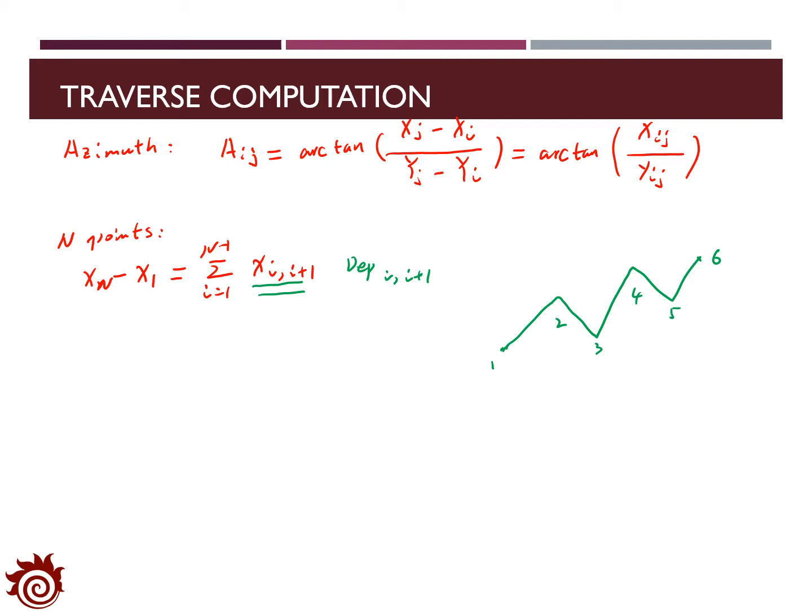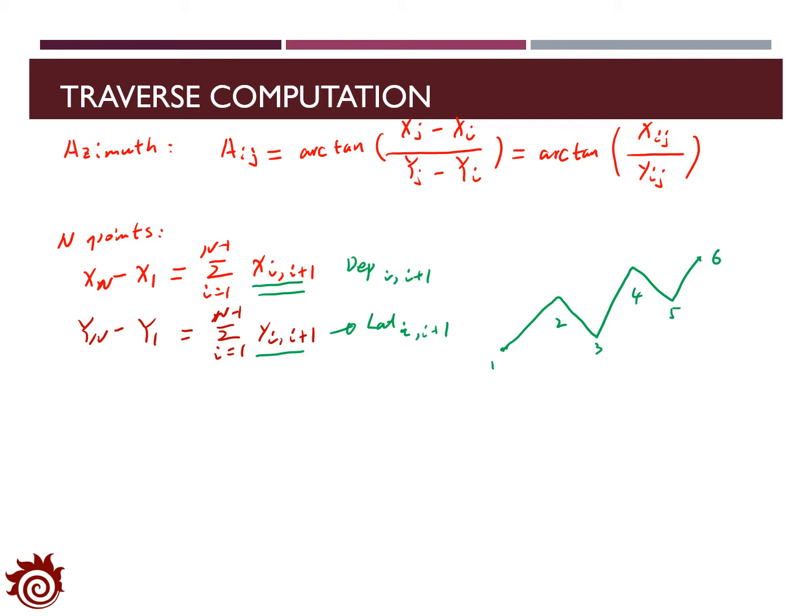Similarly, we will have yn minus y1 equal to the summation of i from 1 to n minus 1 of yi,i+1, and this is the latitude for the point i and i plus 1.